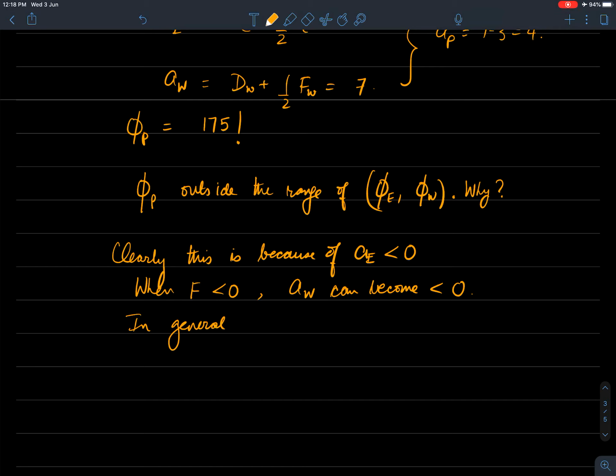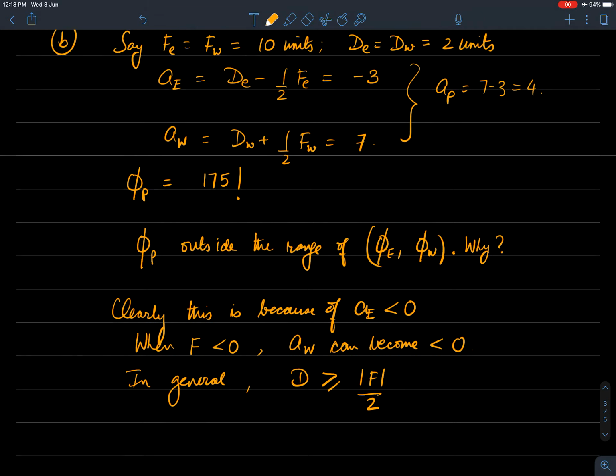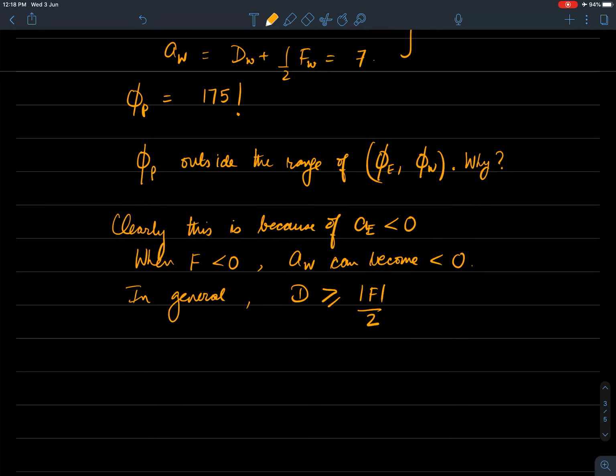And in general, as long as D is greater than or equal to mod of F by 2, which is what we need to ensure that AE and AW remain greater than 0, we will keep getting physically realistic solutions.